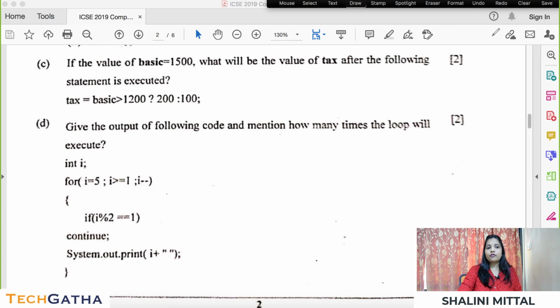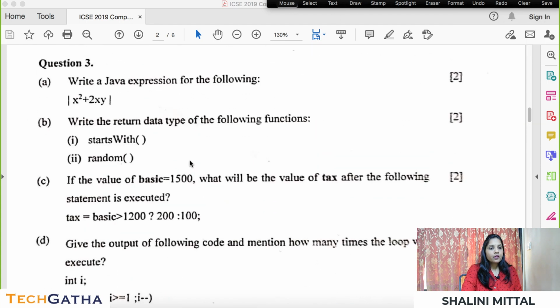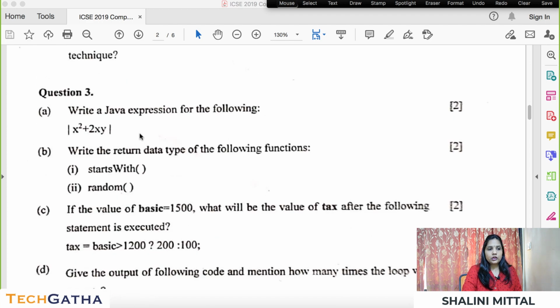Write the working of the programs for these output based questions. Whenever you have questions like write a Java expression, make sure to put round brackets wherever required. Right now this is a simple example where you will be writing Math.abs in round brackets, x into x plus 2 into x into y, right?